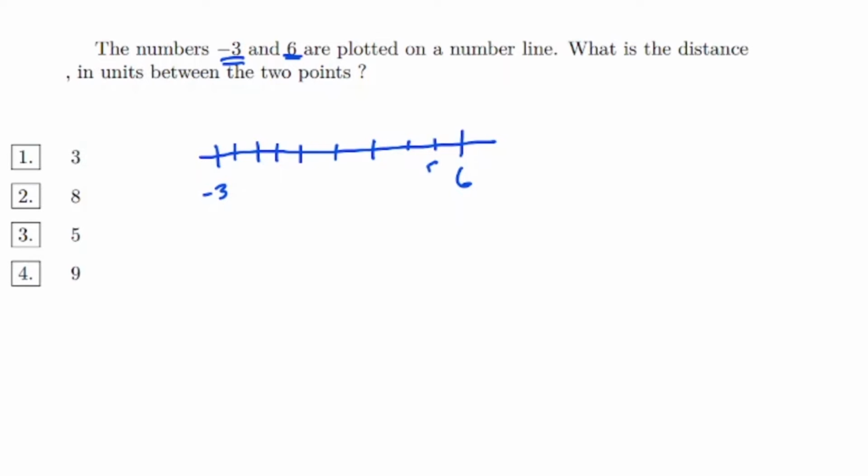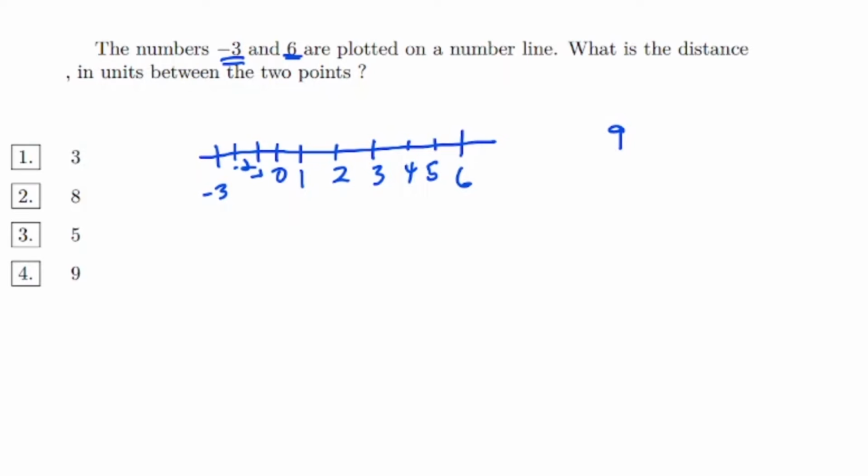So this is a 5, 4, 3, 2, 1, 0, -1, -2. And then you can just figure out how many of these units there are. So there's 1, 2, 3, 4, 5, 6, 7, 8, 9 units. So that's one way to figure it out.